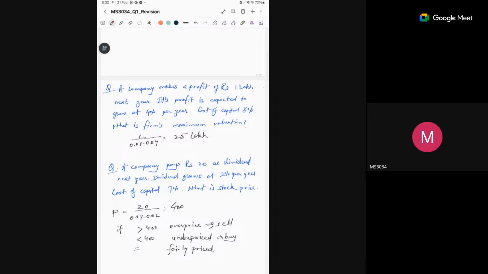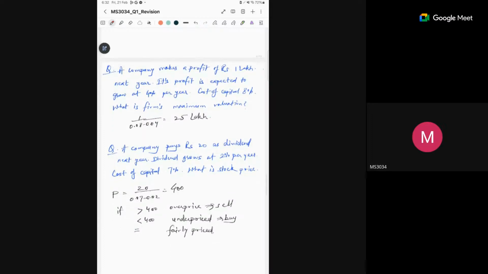So that's why, to set a benchmark, we use this perpetuity concept. For example, a company makes a profit of 1 lakh rupees next year, and its profit is expected to grow at 4% per year, and the cost of capital is 8%.